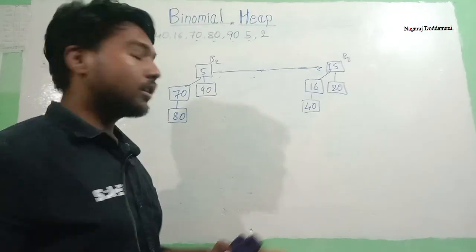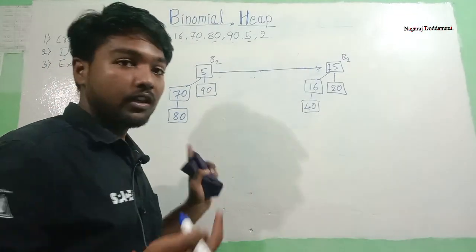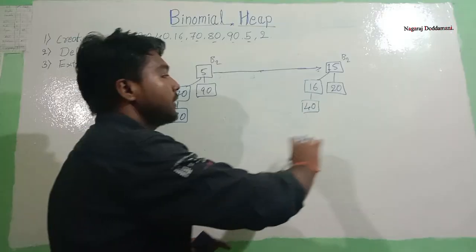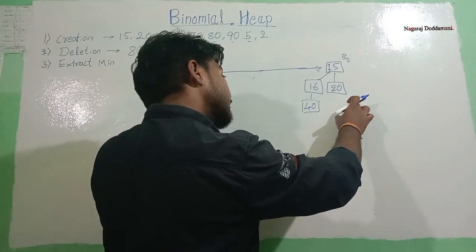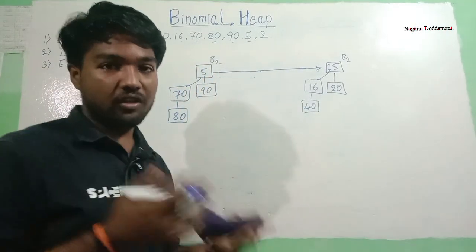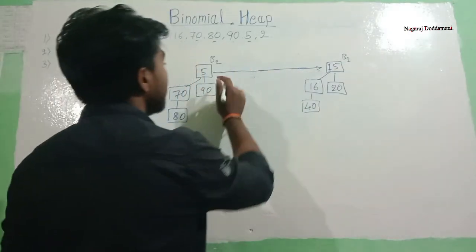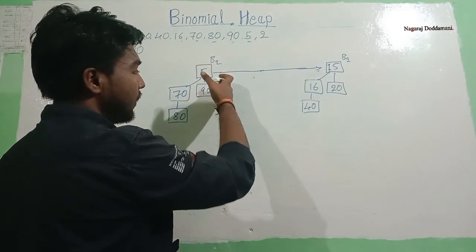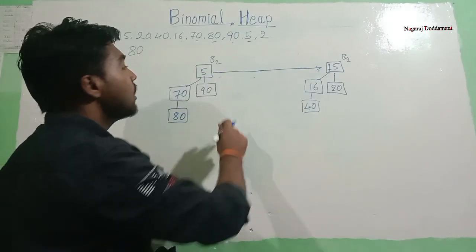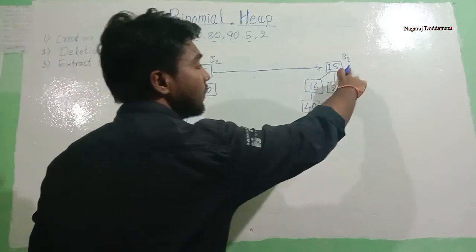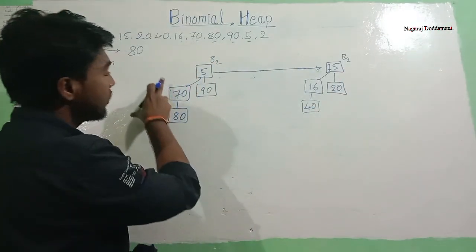Again we need to check whether there is any conflict of order. So this is also order B2, this is also order B2, so we need to merge them. In this case the first tree, with 5, has the minimum value, so we need to make this entire tree its child.